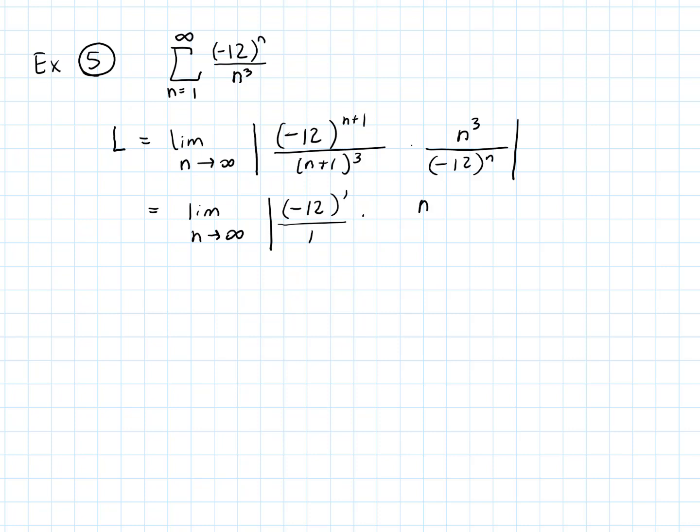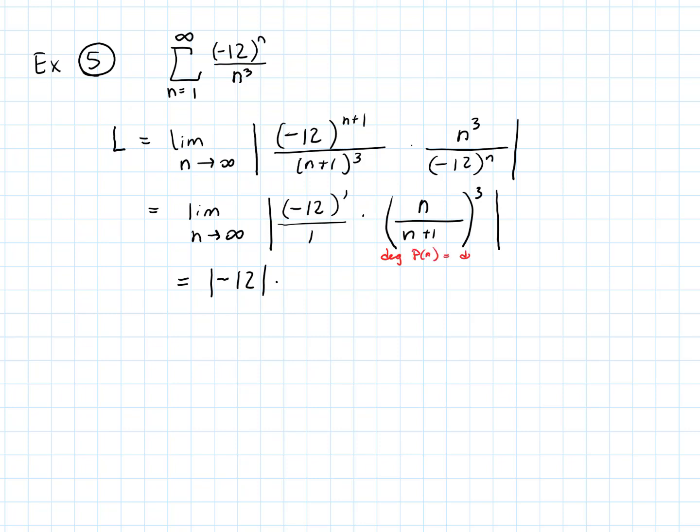Then I bring these together: n over n plus 1, I can write that cubed, since both polynomials were cubed. Then I can apply the limit, and the limit is going to end up being negative 12 in absolute value times, now when I apply the limit here, we've got degree p of n.